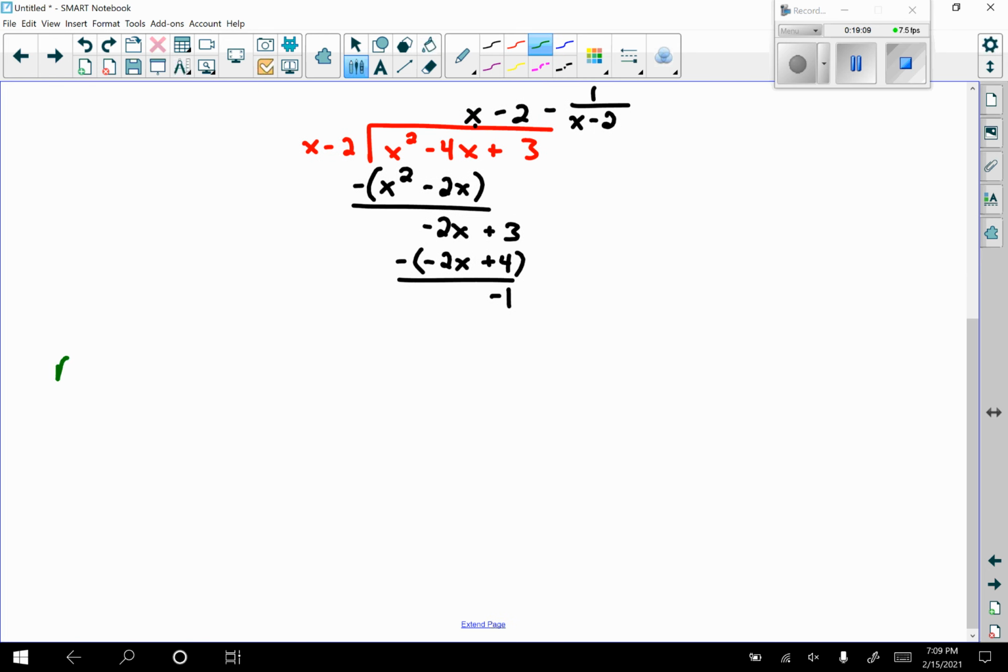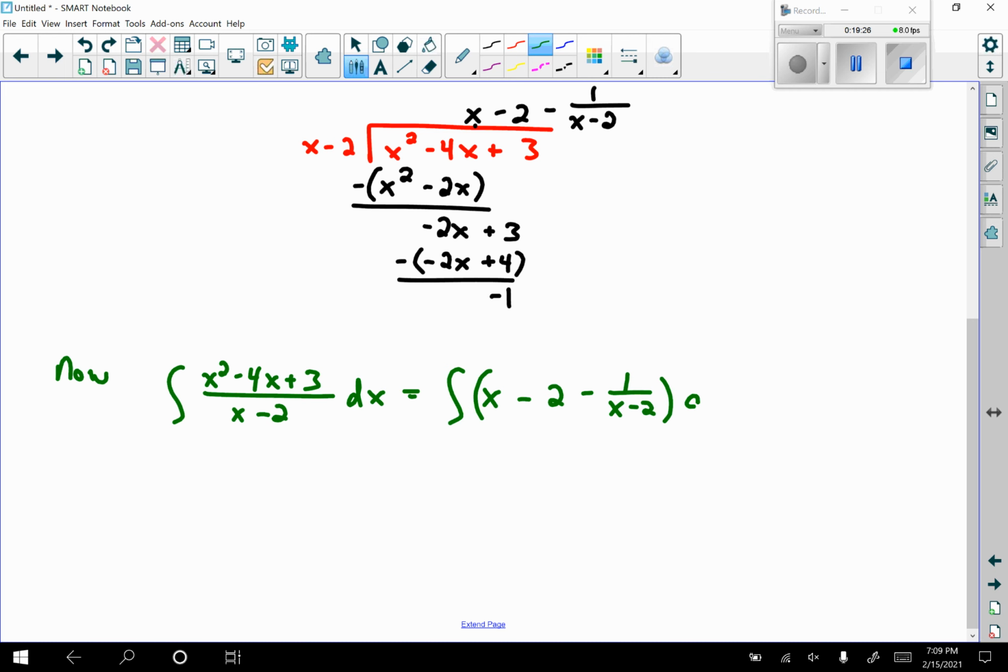So now the integral of x squared minus 4x plus 3 over x minus 2 dx becomes the integral of x minus 2 minus 1 over x minus 2 dx. Now this version of it is so much easier to evaluate the integral for, to take the antiderivatives.